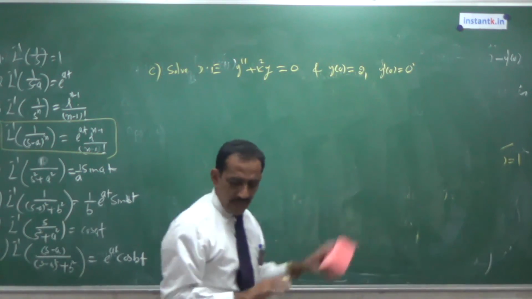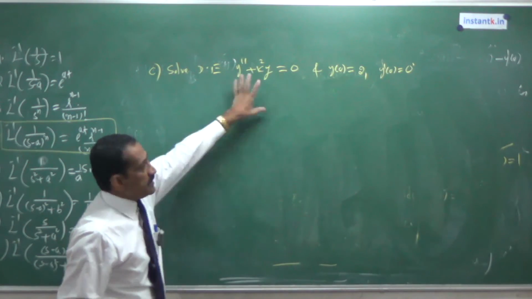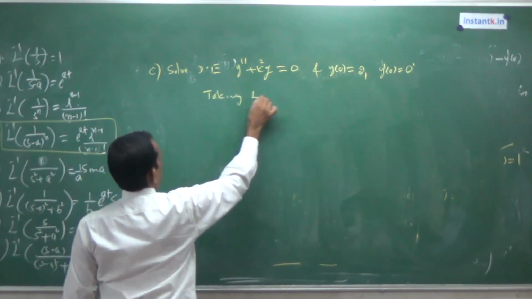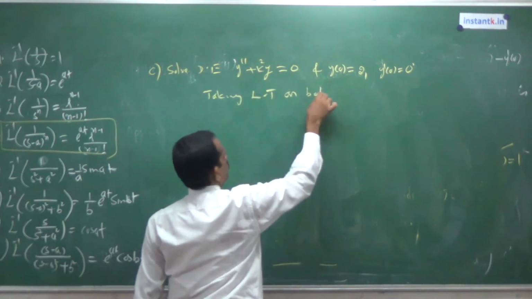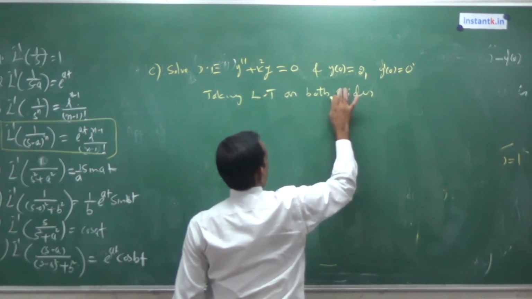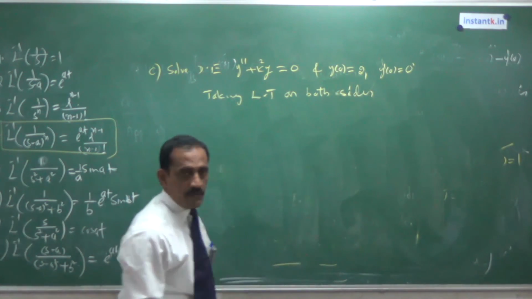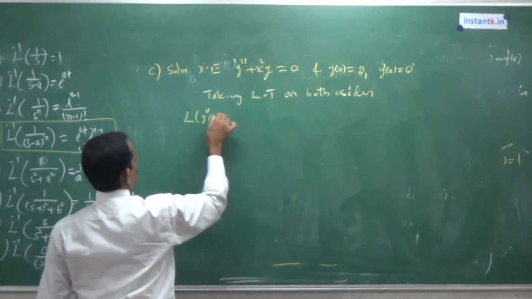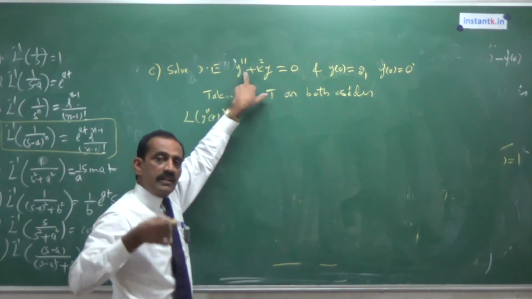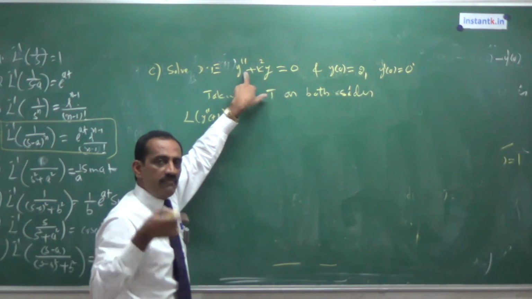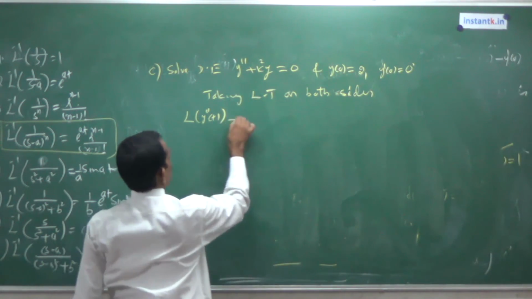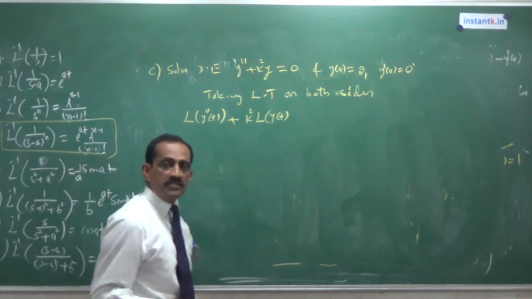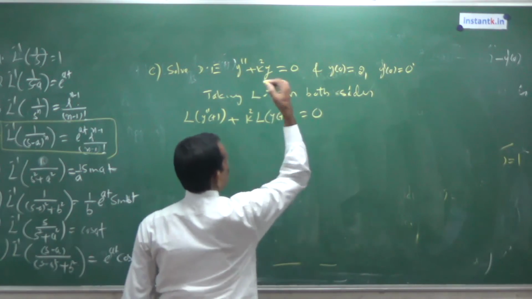So what you do is, when a problem of this type is given, take the Laplace transform on both sides of the given differential equation. What you get? Laplace transform of y double dash of t, because y is a function of t, plus k squared into Laplace transform of y of t is equal to 0, the right hand side.